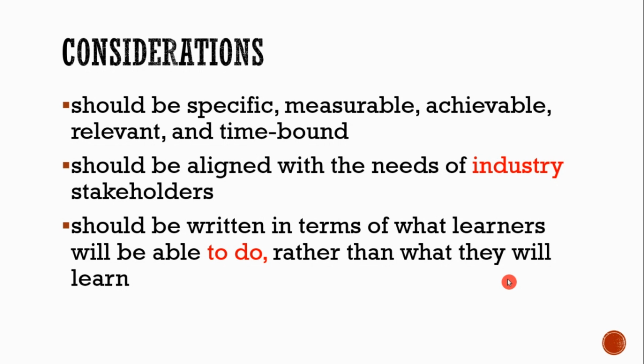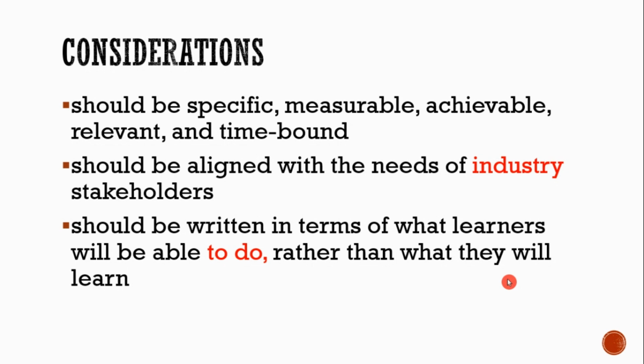Another consideration is that it should be aligned with the needs of the industry. Again, you can see the industry coming in. Learning outcomes should be aligned to the industry requirements. Another focus is that it should be written in terms of what learners will be able to do. Again, you're talking about performance based. You want to measure competency rather than what the learner will learn.